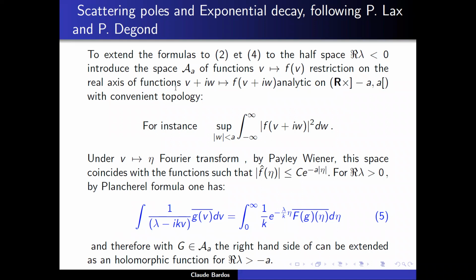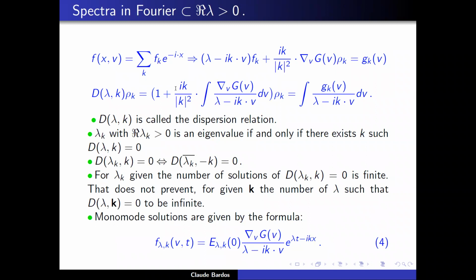The first observation is that I want to extend the resolvent. And to extend the resolvent, if I just go back one slide, I will have to extend this and this to the negative real part of lambda.